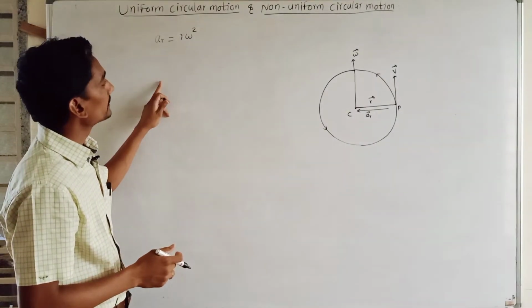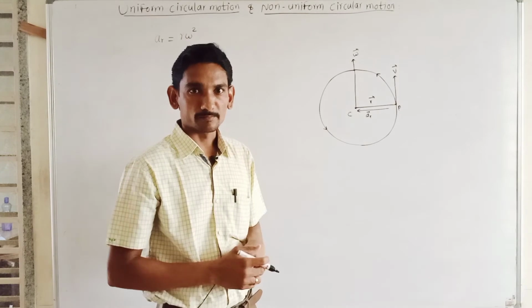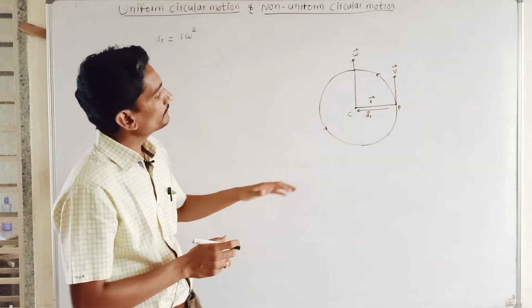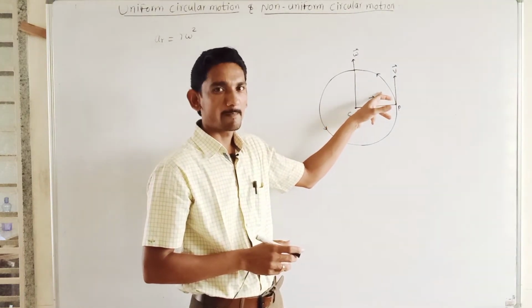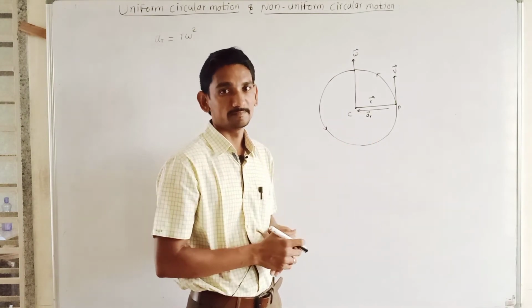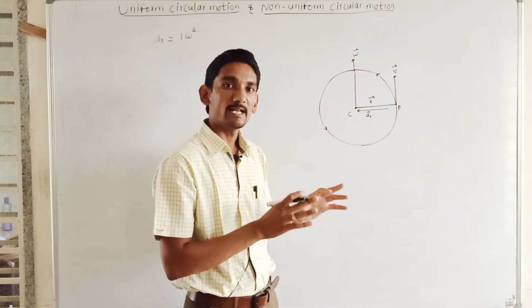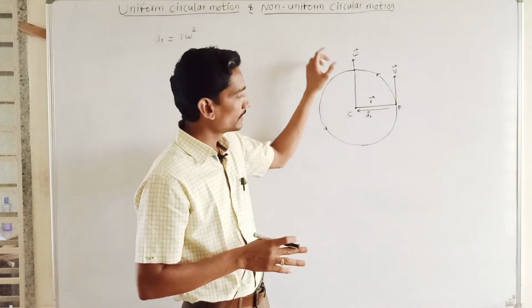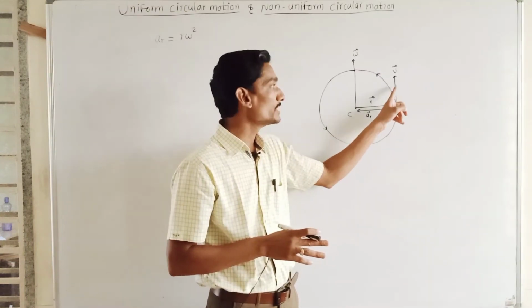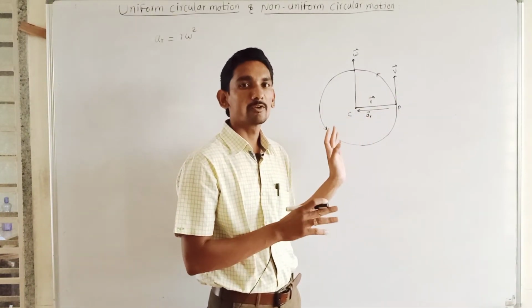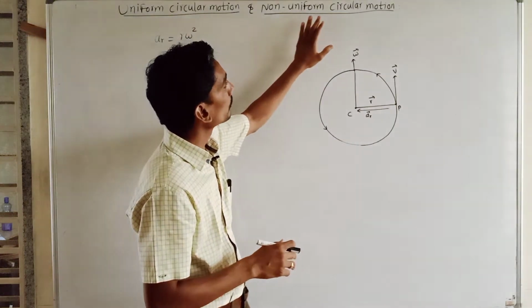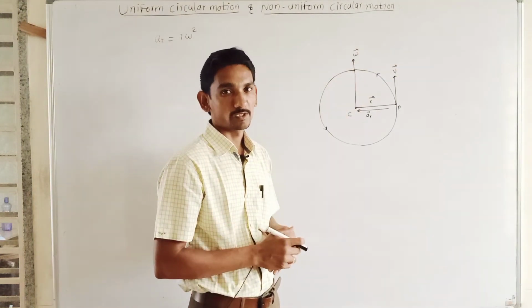And what is the non-uniform circular motion? In non-uniform circular motion, the linear velocity, or the speed of the particle, goes on changing. Suppose this is the particle which is performing the circular motion with changing magnitude of velocity, then we can say that it is the non-uniform circular motion.